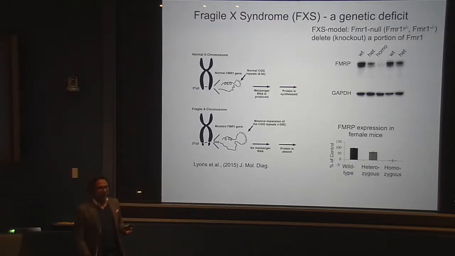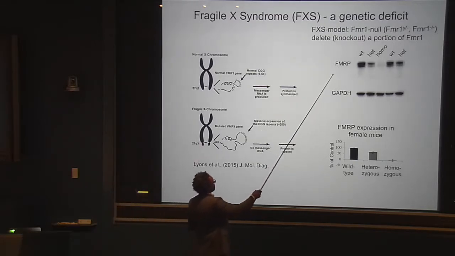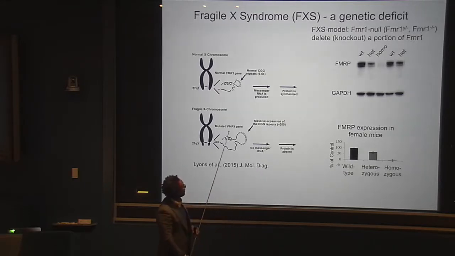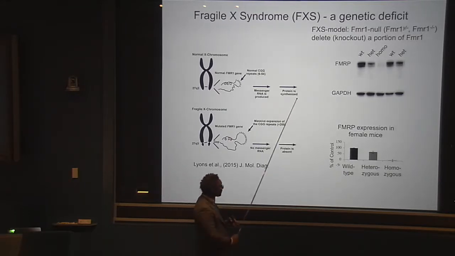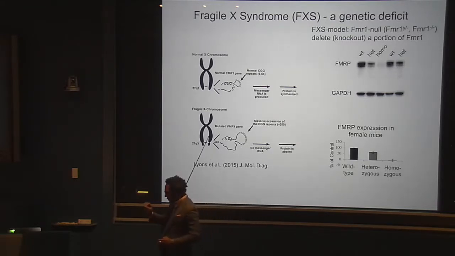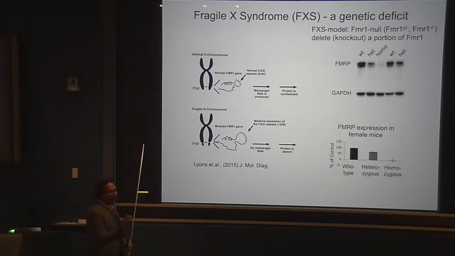So all you have to do is to arrange in a mouse or a fruit fly, something where you have control of the genome, to take the protein product, Fragile X mental retardation protein, as it's painfully been named, and delete either the protein or the mechanism for making that protein. In the case we'll be studying, there's a knockout or a deletion in the gene.